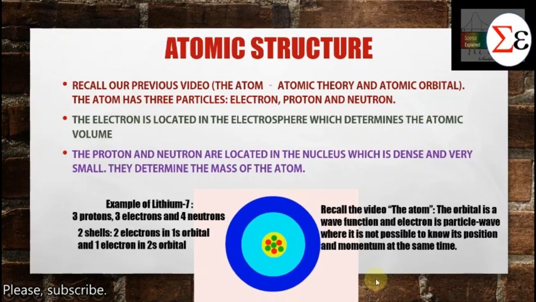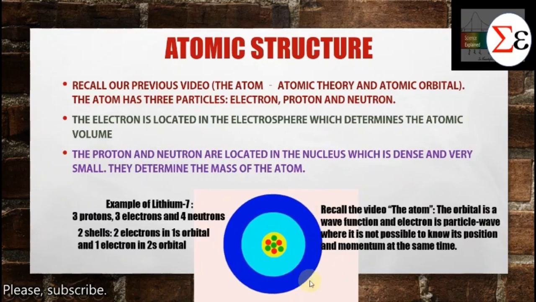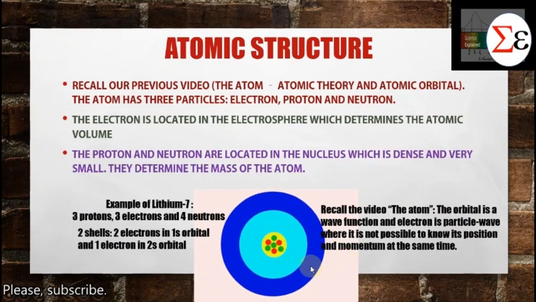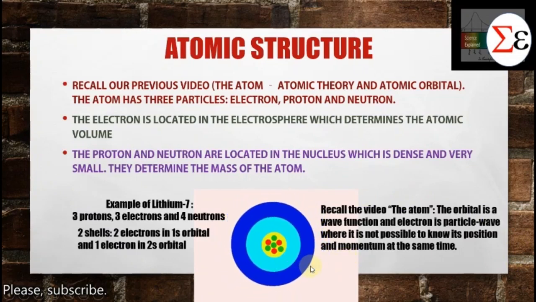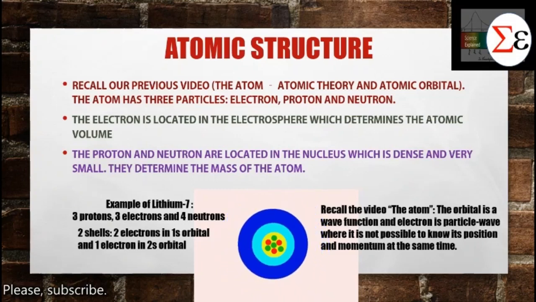Remembering our last video, the orbital is a wave function and the electron is a particle wave. That's what we are representing here with this type of vibration of the orbitals. And it's not possible to know the position and momentum of the electron at the same time.